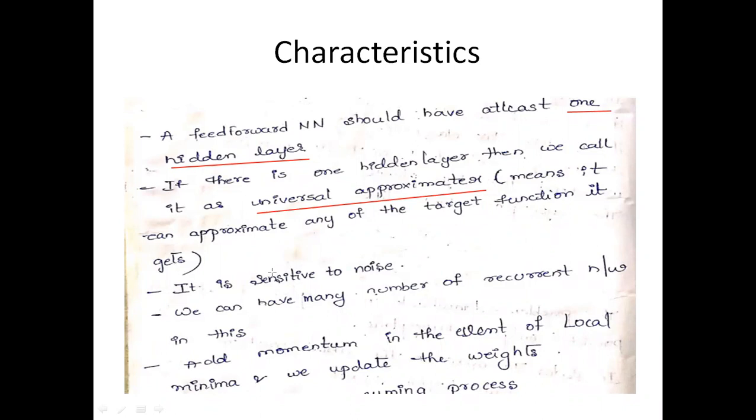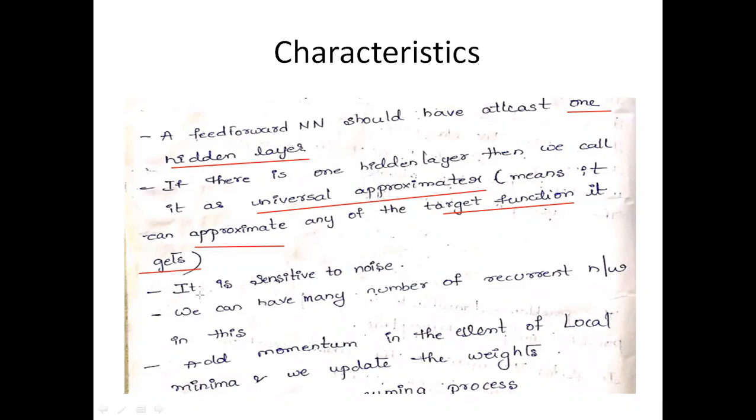So universal approximator means it can approximate any target function it gets. It would produce an approximate value of a target function, or a desired response, or expected outcome. You may say any one of these three, right? That is one of the characteristics of the network.